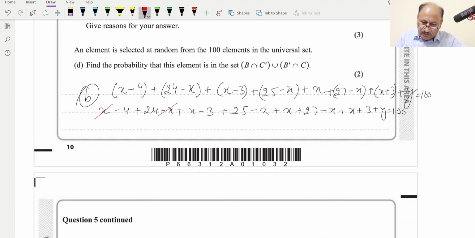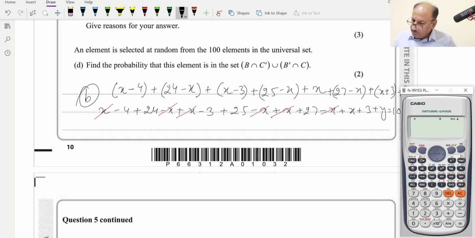Plus x minus x will be cancelled, this plus x minus x will be cancelled, and this plus x minus x will be cancelled. For the remaining, using a calculator, minus 4 plus 24 minus 3 plus 25 plus 27 plus 3 is equal to 72.